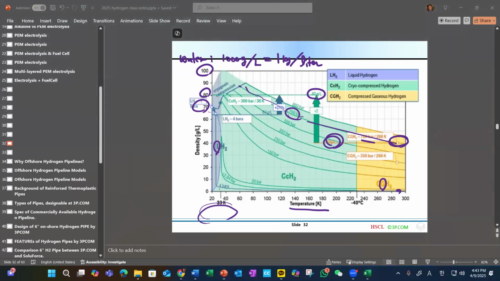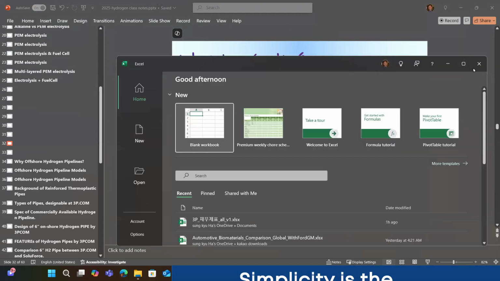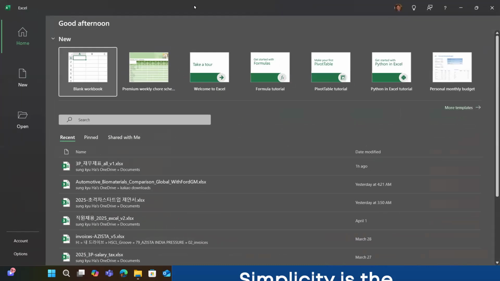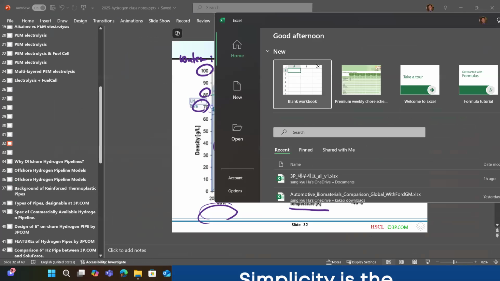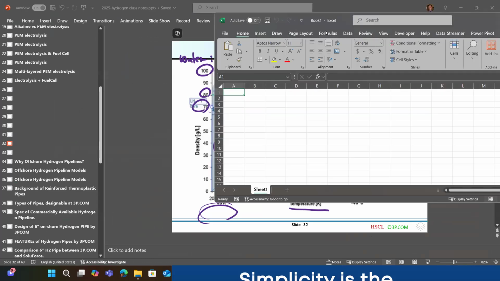We can easily, let's quickly calculate how much hydrogen gas can be stored in a pipeline system with a certain pressure.